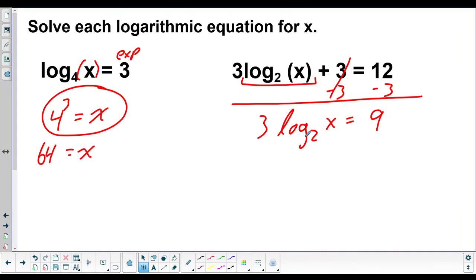And then this 3 is multiplying the log. We could use our power property to put it inside on x, but then we have some exponents, and that's more complicated. I think it's easier to just divide both sides by 3 to cancel it. So we have log base 2 of x equals 9 over 3 is 3.